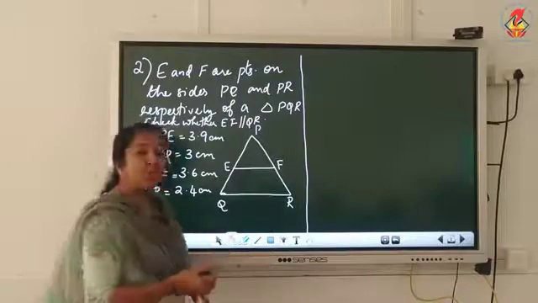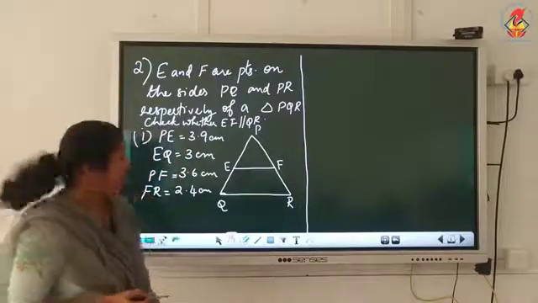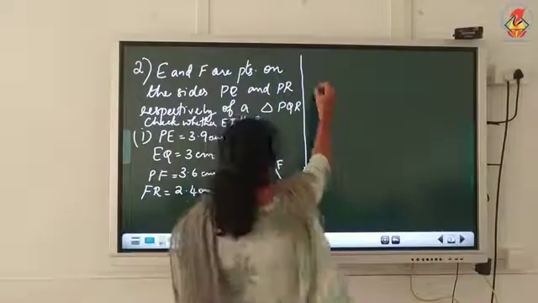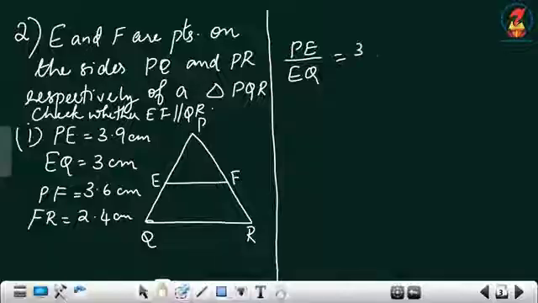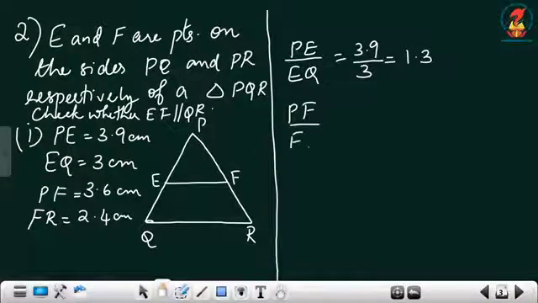If they are in proportion, we can say EF is parallel to QR. For that, we have to find PE by EQ is equal to 3.9 divided by 3, which is equal to 1.3, and PF by FR.